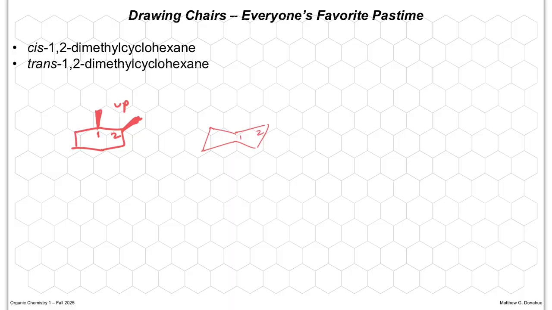But if you take your eyeball, swing it around this way and then look up, you'll see that those methyl groups are kind of up. And so when I translate that into the chair, they have to be up. So up at C1 is going to be equatorial. And so because they're cis, the methyl group at C2 should be what? Axial.